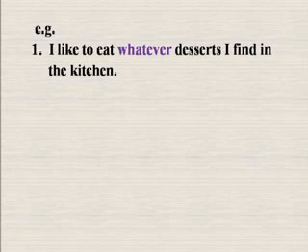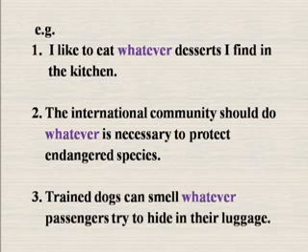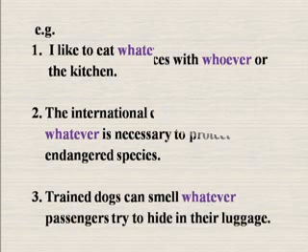Number 1, I like to eat whatever desserts I find in the kitchen. Number 2, the international community should do whatever is necessary to protect endangered species. Number 3, trained dogs can smell whatever passengers try to hide in their luggage.